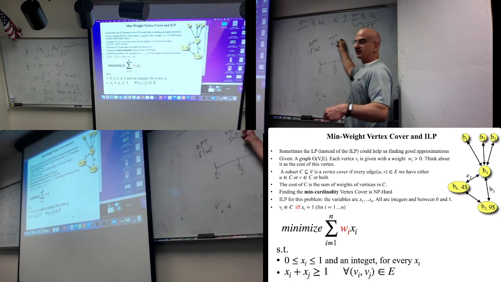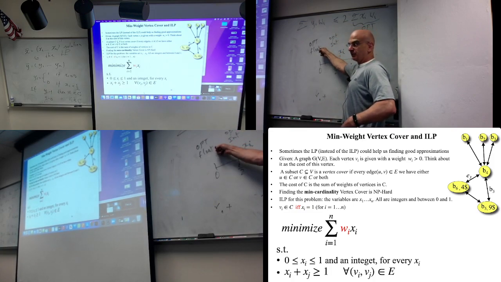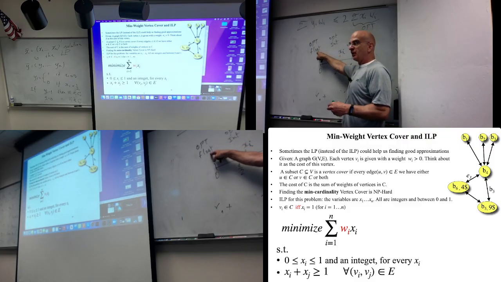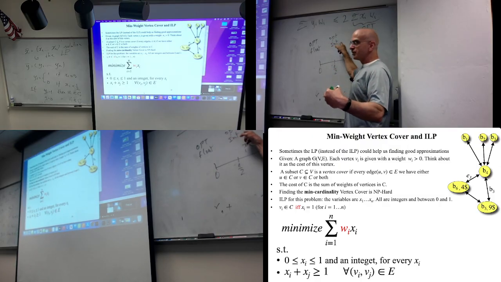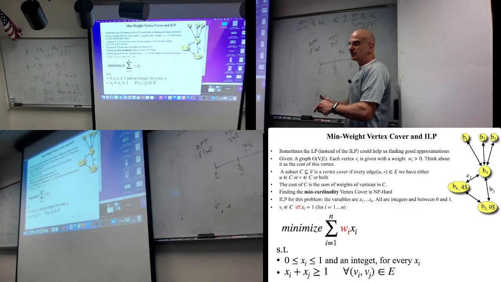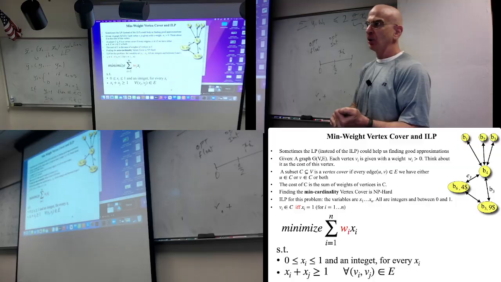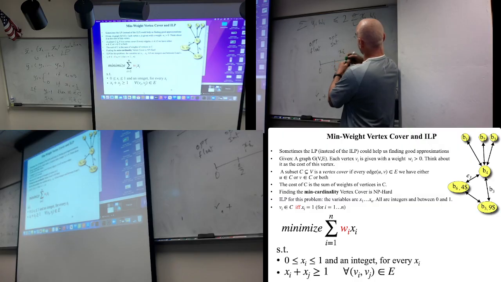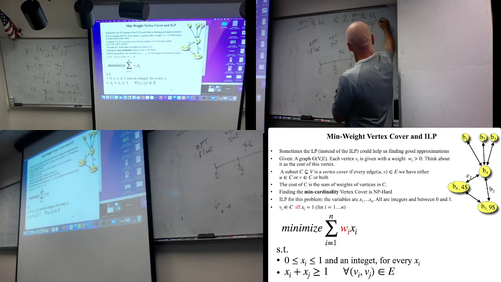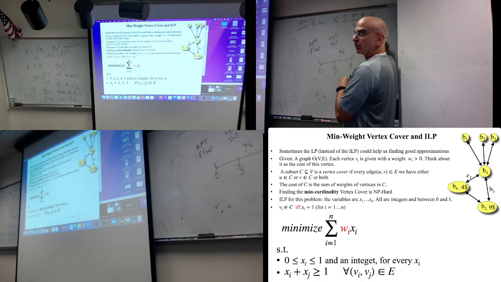For the int, it's exactly the same problem as the opt over here, but I'm adding more constraints, making my solution, of course, more expensive. I force variables to have more conditions on them, so my solution space is smaller. So I'll have to pay more. So to be precise, you pay at least opt float, which in turn is at most twice opt ILP, which is opt to the solution itself.